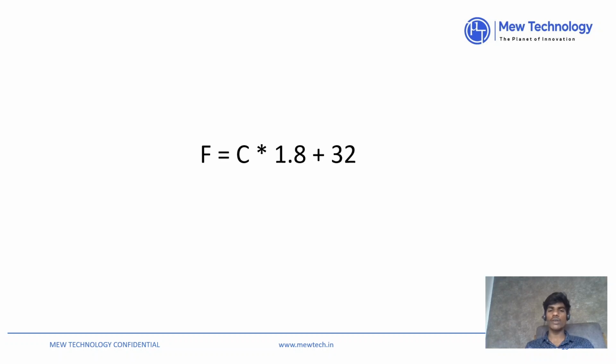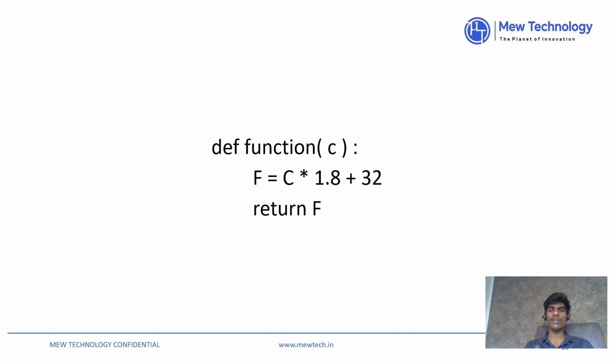We already know this equation. In this problem I already found this equation. How did I find it? I manually calculated this input and output relationship. After I got these equations, I wrote one function. This looks like Python.